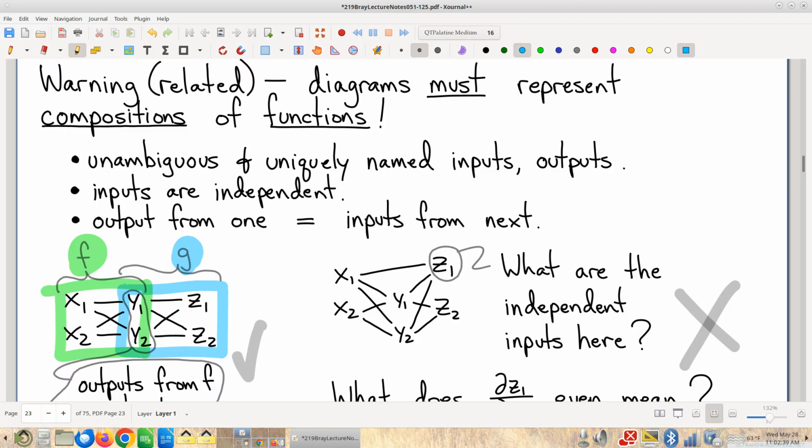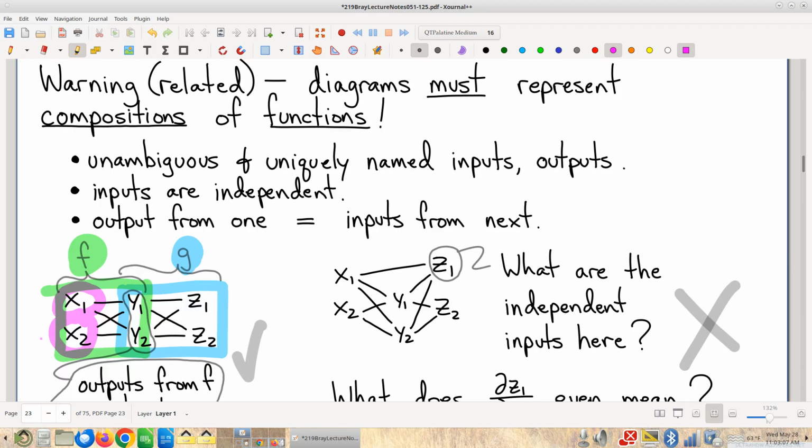So, in particular, notice the way I have this set up in a diagram. There's no confusion of variables, right? That would be silly. Why would we do that? Don't do that. That's just nonsense. So, no confusion of variables, and the independent variables are in fact truly independent of each other. If I say I want to change x1 but not change x2, yeah, cool, that's fine.